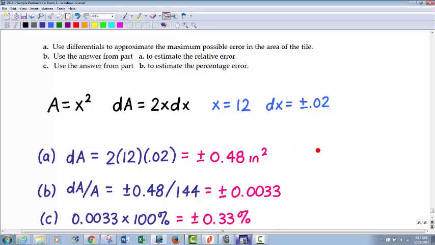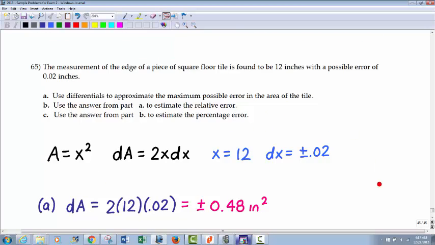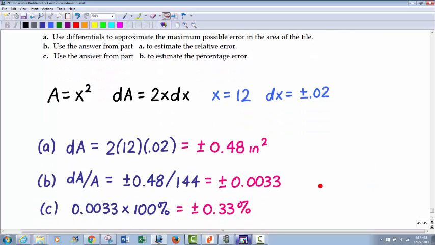Now, the relative error means the possible error in the area divided by the calculated area. So we could be off by up to 0.48 square inches of total area based on that measurement error.